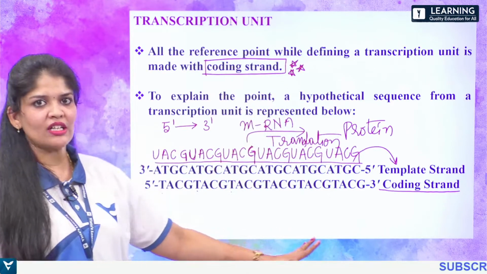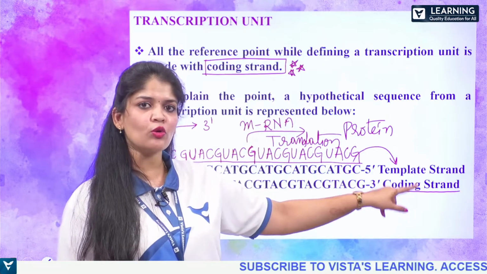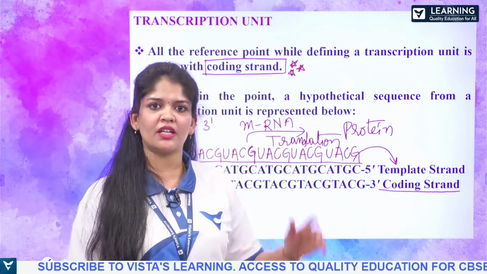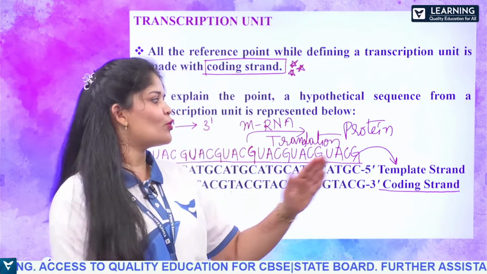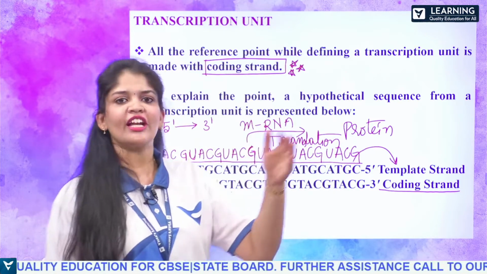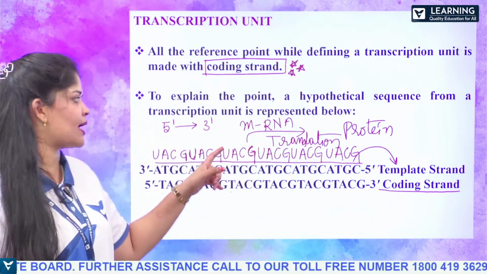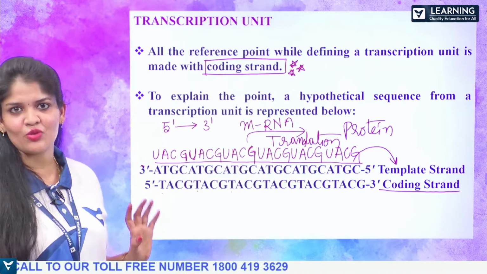So that is why we consider this strand the coding strand, because the sequence present on the coding strand is ultimately going to decide the sequence of the amino acids that appear in the protein. So though the coding strand is not going to literally code for anything, we call it the coding strand because it has a sequence similar to that of the mRNA transcribed by the template strand.